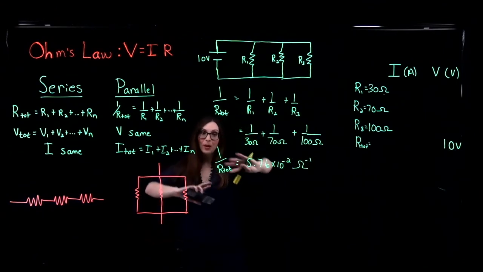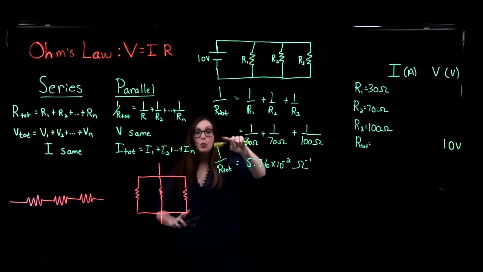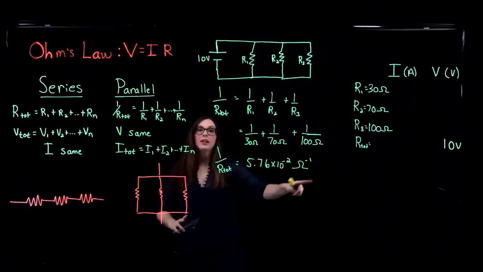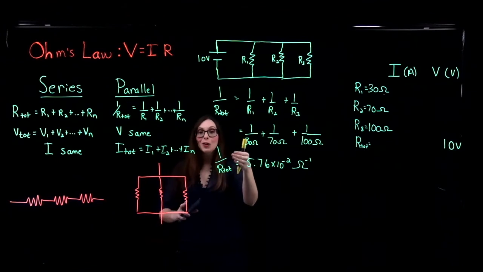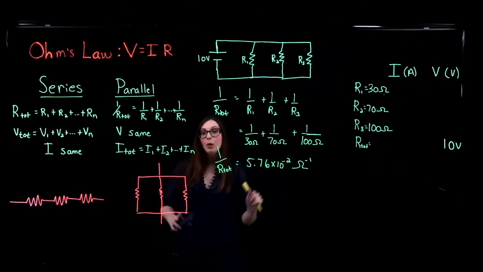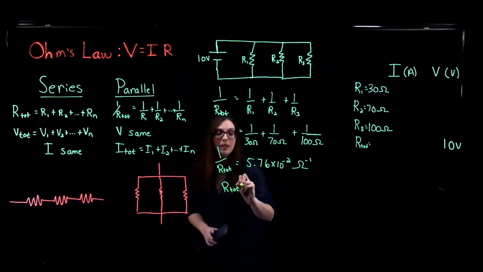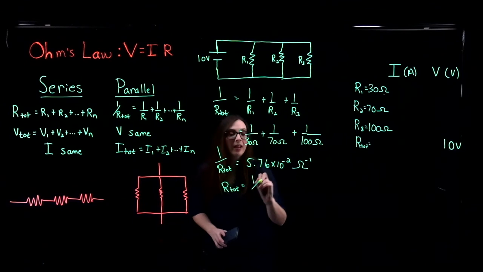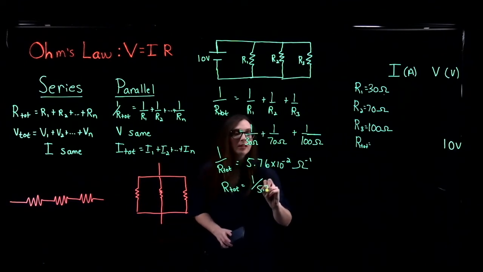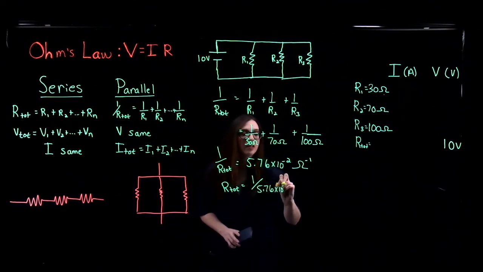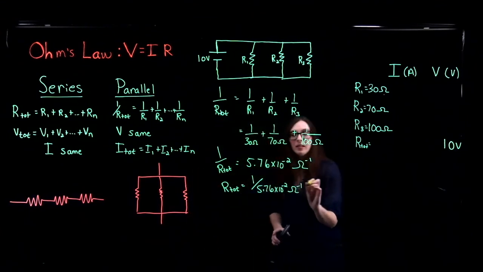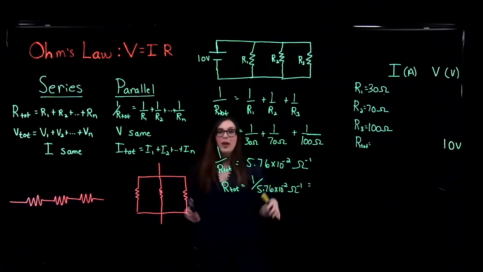Now, because this is 1 over R total equal to this, in order to get our R total, the total resistance, we have to take the inverse of both sides. So R total is going to equal 1 divided by 5.76 times 10 to the minus 2 inverse ohms. And this is similar to what we had to do with our thin lens equations.